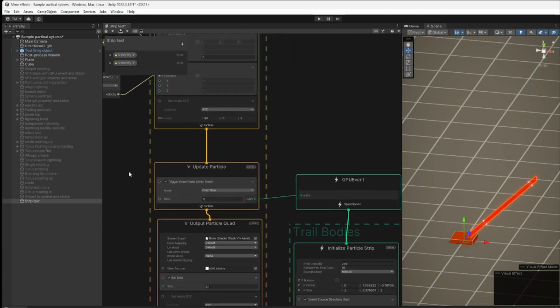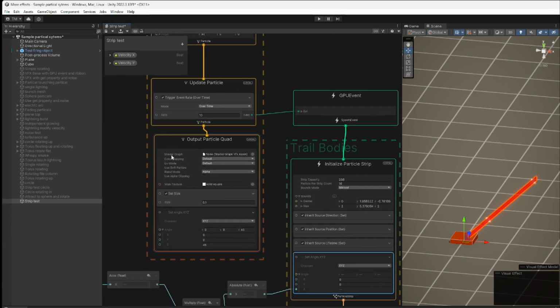And then this is the normal way we use the particle strip to make a trail. Basically, if you're using the regular particle system, not the VFX graph, you can set the trail, which is what the particle strip is. So what it's doing is triggering an event over time, 10 times a second.